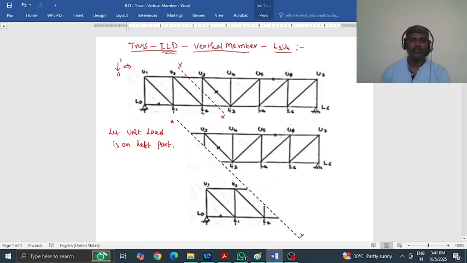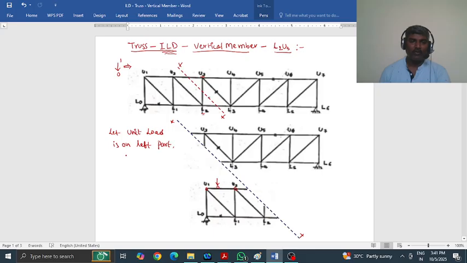That means unit load is traveling on this part. It may occupy U1 and then U2, because the truss has only joint loads. So it occupies only U1 and U2 positions.